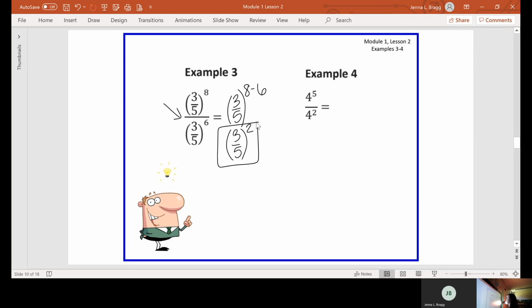Don't forget your parentheses. Example 4. 4 to the 5th divided by 4 to the 2nd. I have a common base of 4. I subtract my exponents since I'm dividing, and I get a final result of 4 to the 3rd power.